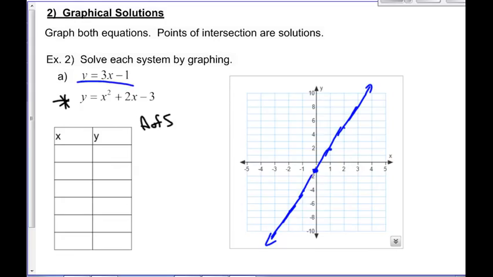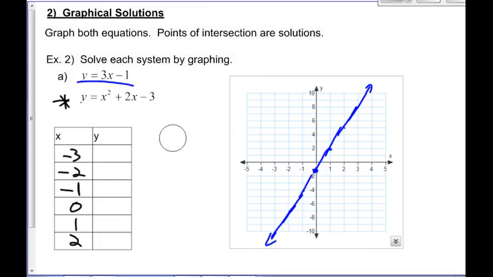So I would think about the axis of symmetry, or the x-coordinate of the vertex, which is -b over 2a. So that would be -2 over 2 times 1, which is -1. I'm going to make that my middle x value, or somewhere around the middle, and then work around there. And if I don't find intersections, I'll just put more into my table.